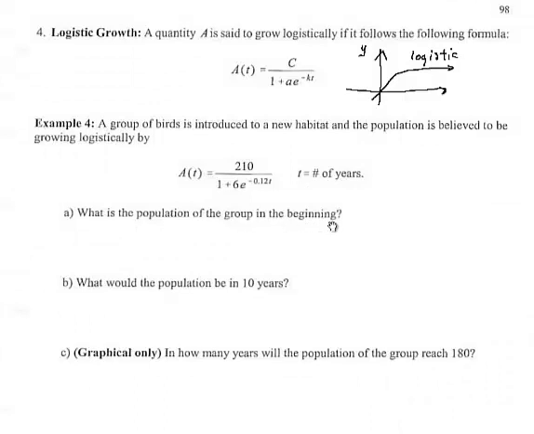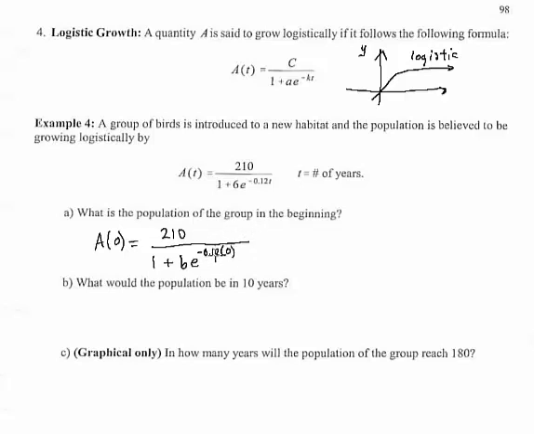So what's the population of the group in the beginning? Well, in the beginning 0 years have passed, so we simply calculate A of 0, and so we get 210 over 1 plus 6 times the natural exponential expression. Then we have the rate 0.12, but t is 0.